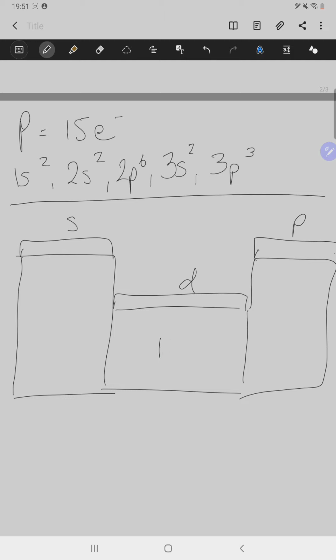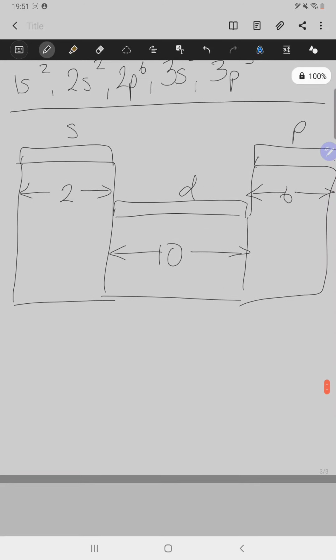So there will be 10 elements across the way here, 2 elements across the way here, and 6 elements across the way here. And one other thing, each individual row is given a number. So it goes down to 7, but we won't go past 4.